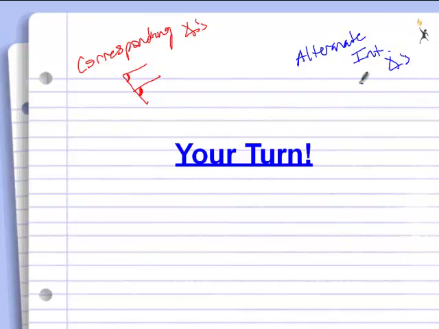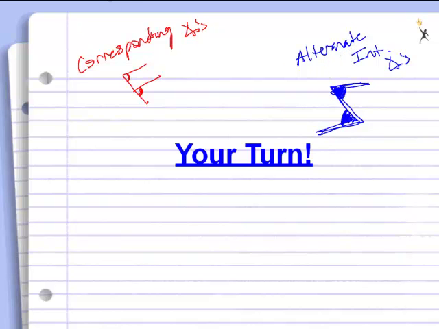And those formed a Z of some kind. I don't care if it points down, points up, goes to the right, goes to the left. If it looks like a 2 or a Z, it's an alternate interior angle.